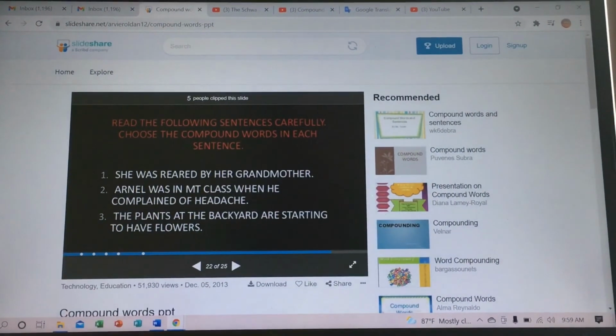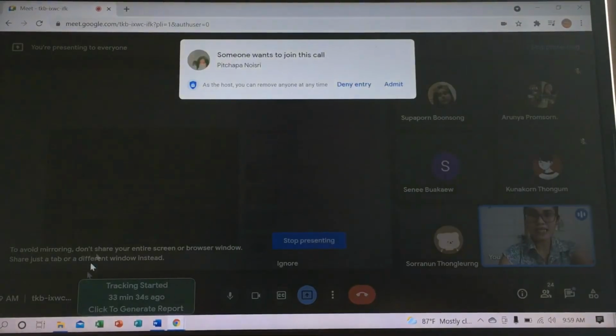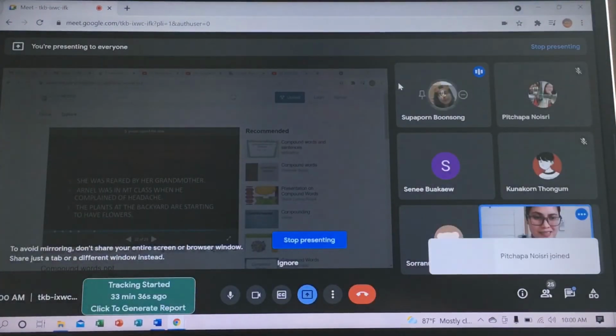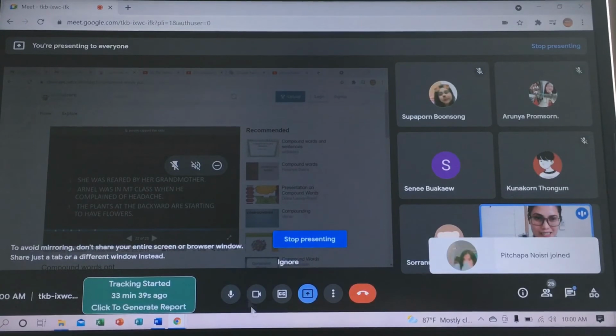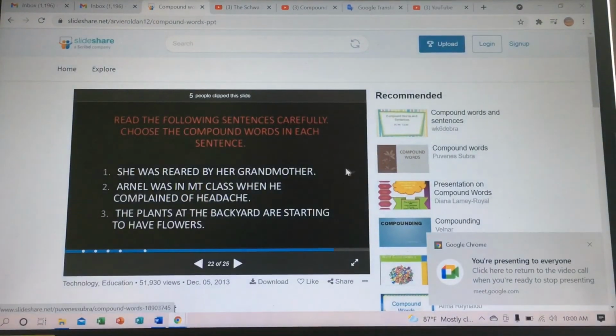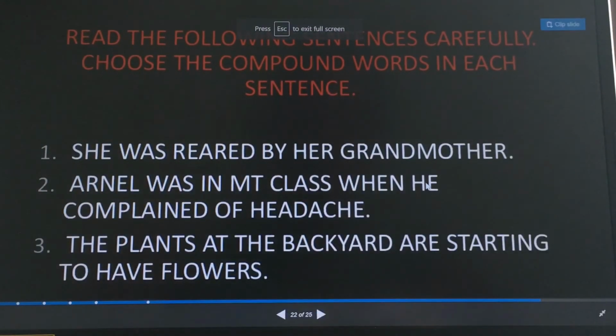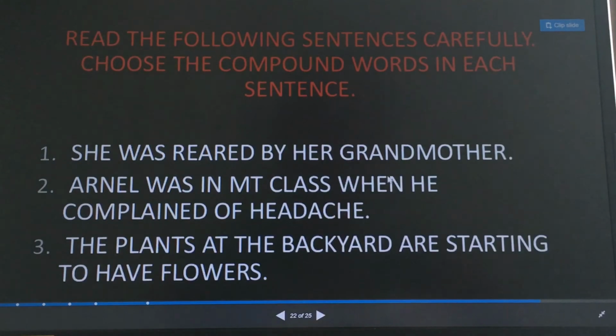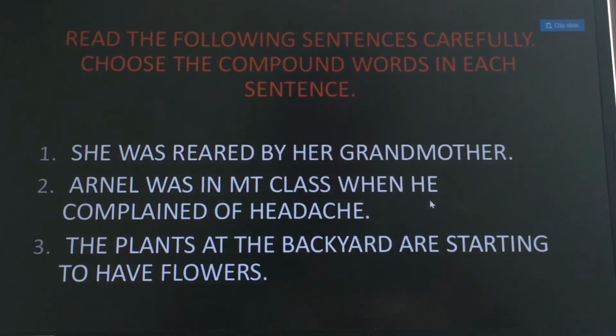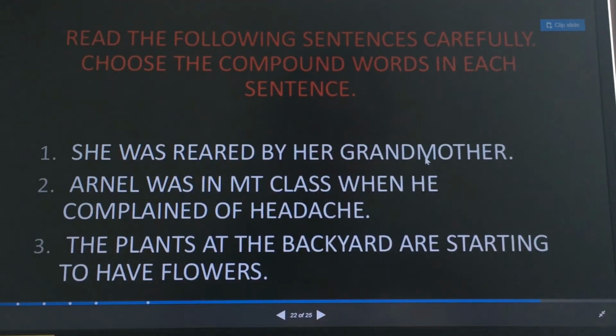Can you give me the compound word for sentence number 1? Grandmother. Okay, that is correct. Very good. What are the 2 words that we use to form grandmother? Very easy. We have grand plus mother.